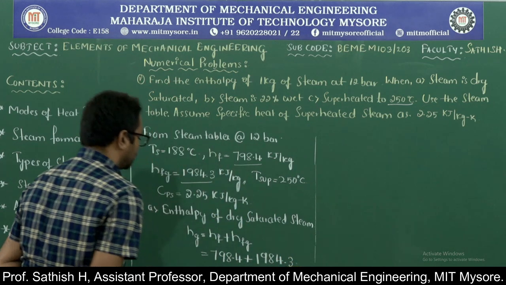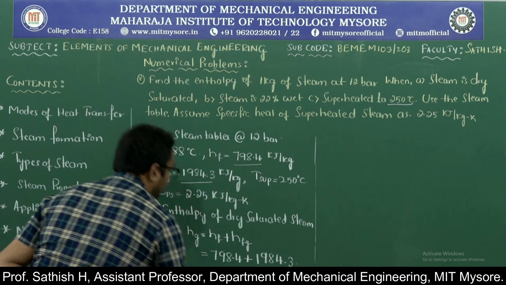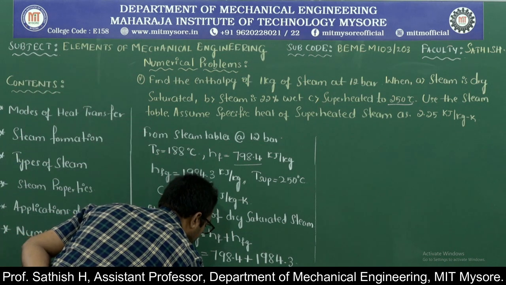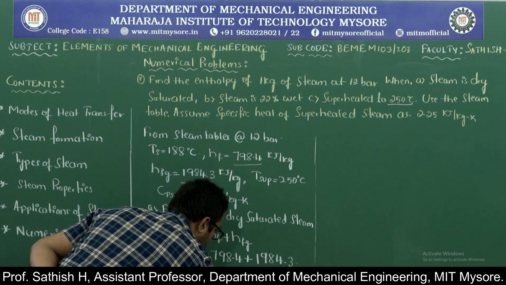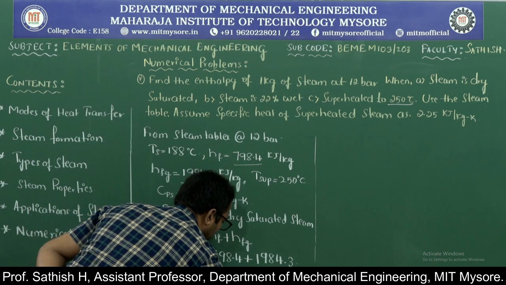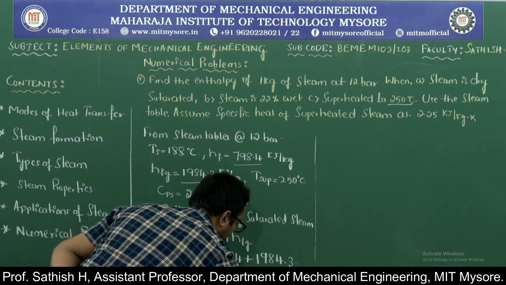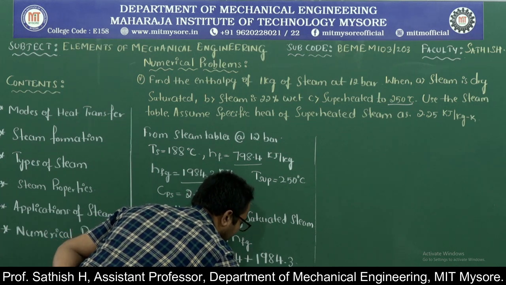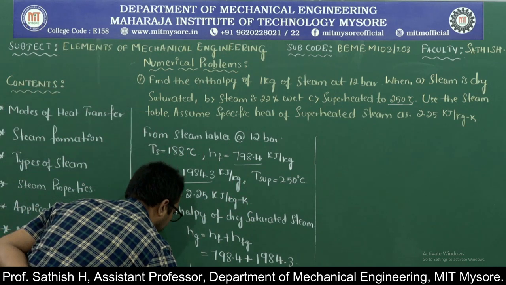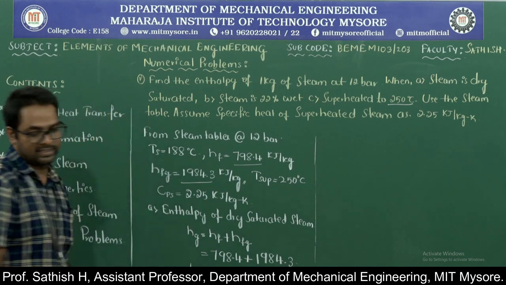If you add them together, you will get the value of 2782.73. Obviously, kilojoules per kg is the unit for the enthalpy, that is the enthalpy of a dry steam.